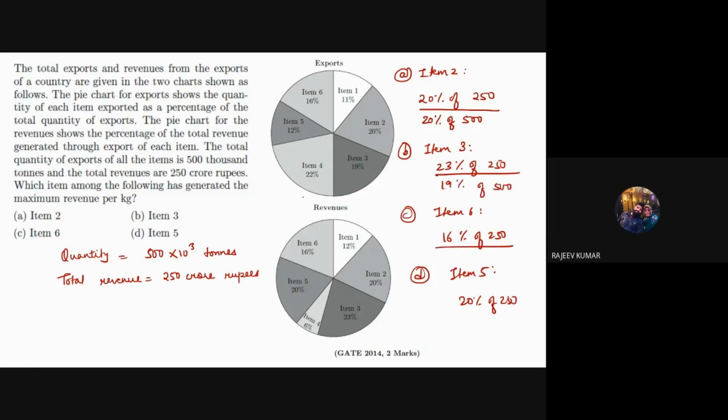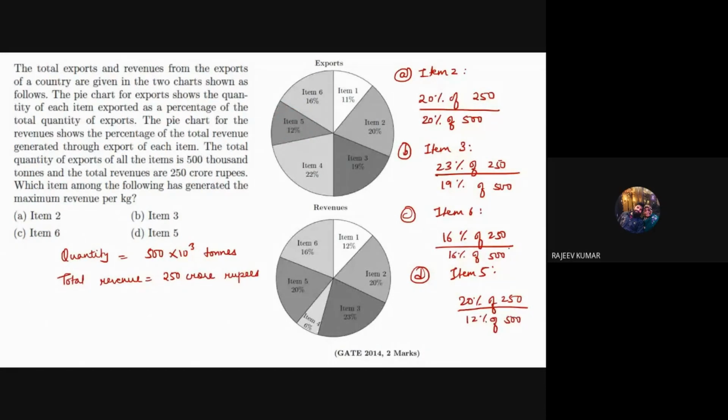Similarly over here आइटम 6 की अगर मैं बात करूँ, आइटम 6 है यहाँ पर 16%, so 16% of 500, and the last one 20% of 250 upon 500. आइटम 5 है हमारे यहाँ पर 12%, so 12% of 500.